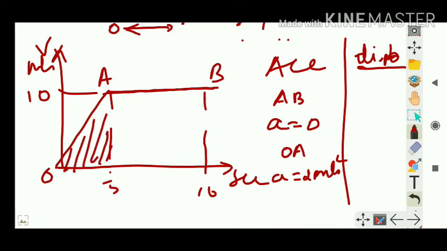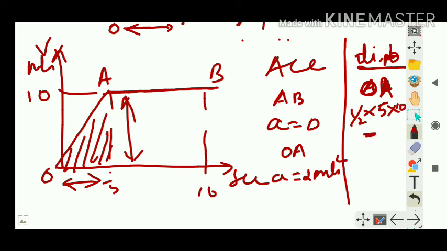So for OA, let's start with OA. The area under this segment OA is a triangle, that is half into B into H. So base is this much, that is 5, and what is height? This much, that is how much? 10.